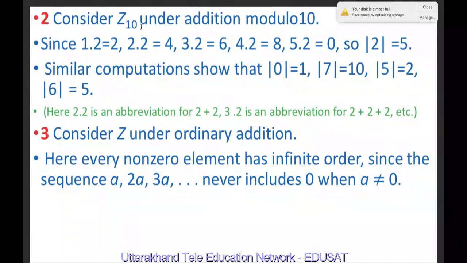Now consider another group. Z10 under addition modulo 10. This is the set of integers and the operation is addition modulo 10.